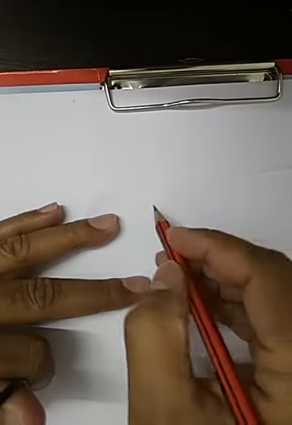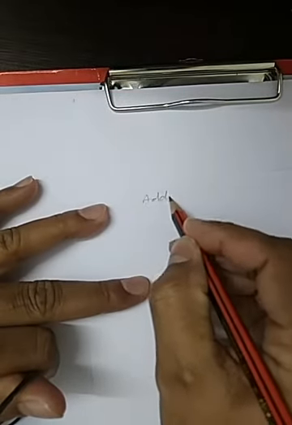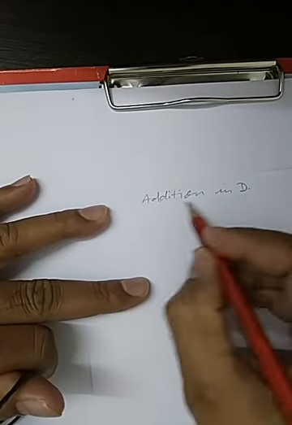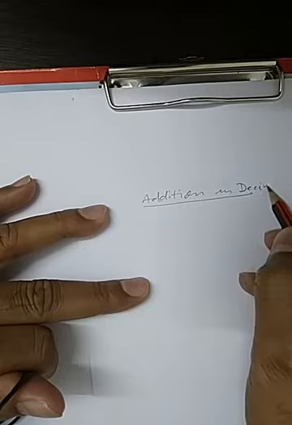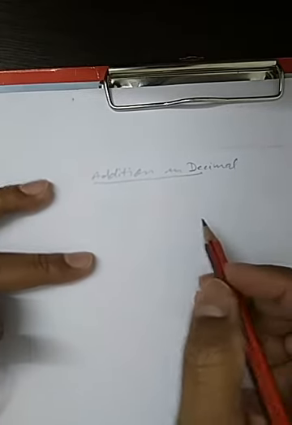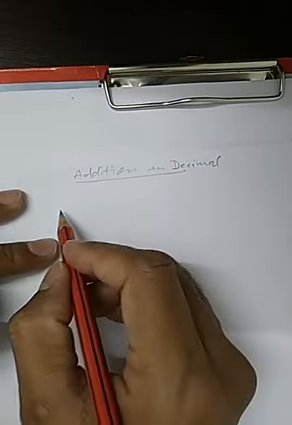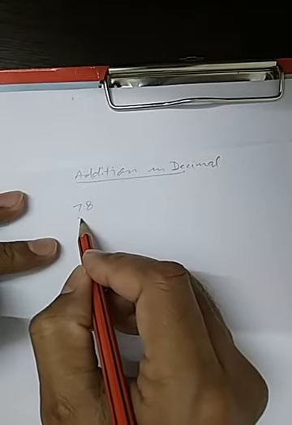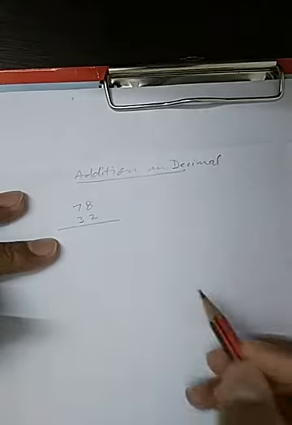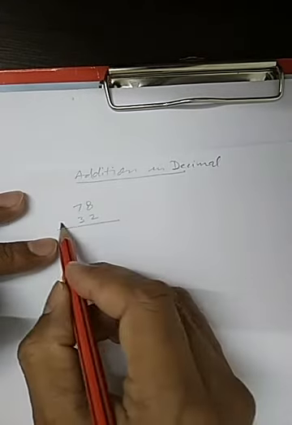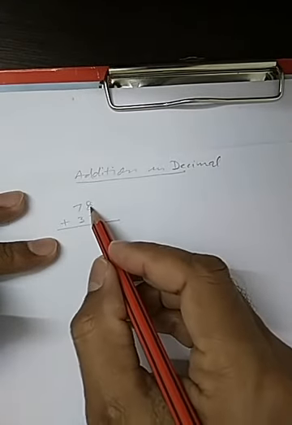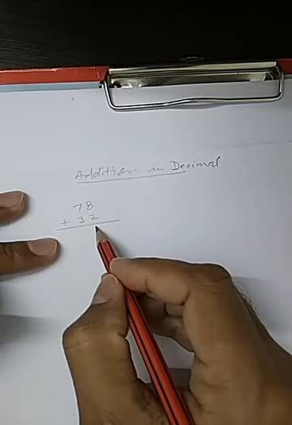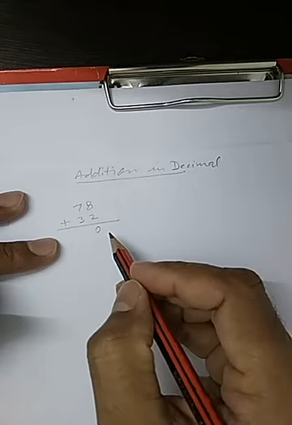Addition in decimal number system. So for example, if I add 78 to 32, what we do, we start from the right hand side. 8 plus 2 is 10.